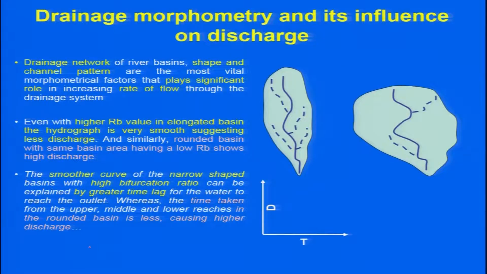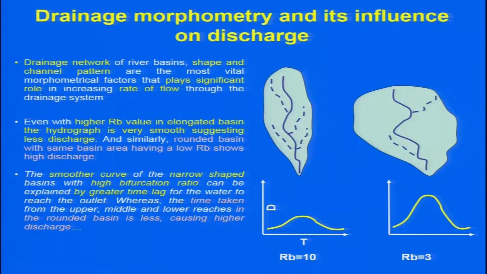So you have the hydrograph, that is discharge versus time. In the elongated basin, even though it has a higher bifurcation ratio, the hydrograph is quite smooth, whereas in this case the hydrograph is different, and very quickly the stream enters into the flooding state.